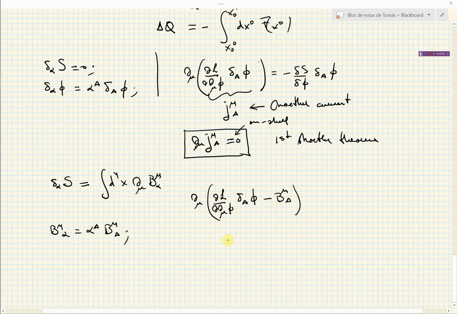You need an index mu, and this will be again the current, so the Noether current has an additional term.